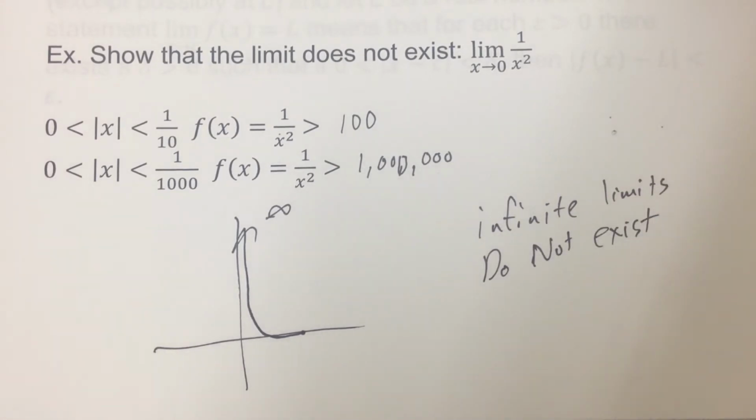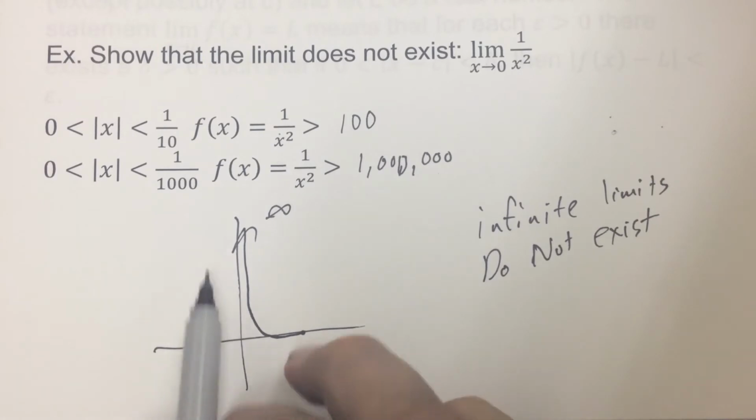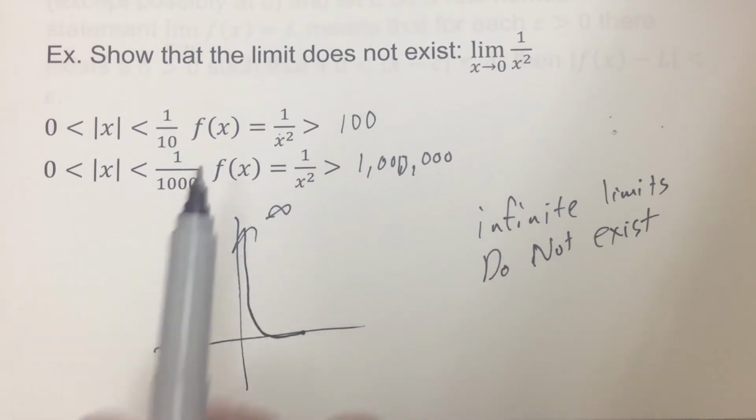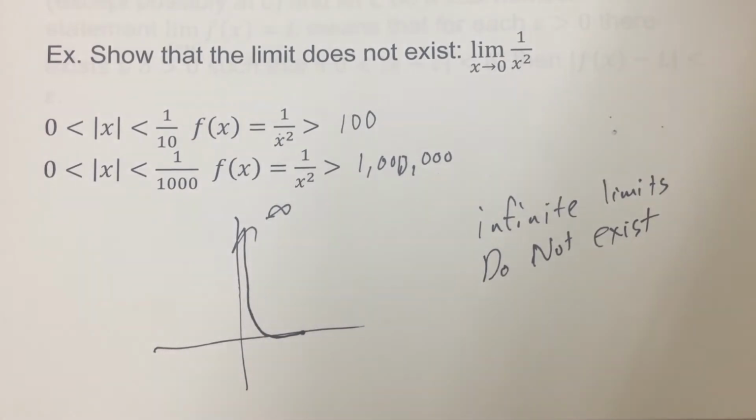The limit has to go to a specific number that we can say, hey, this number right here is the limit. Here it's unbounded. We don't know what number it's going to. We assume it's going to infinity, but it may level off somewhere. We don't know. Either way, it's going up so fast we can't tell exactly what it's going to. If we can't tell exactly, the limit won't exist. It has to be an exact number for the limit to exist.